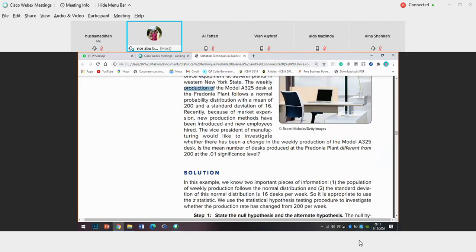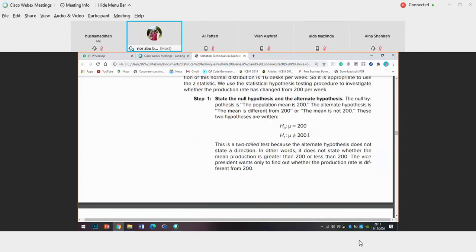But now they have changed the production method and they would like to know whether, okay, it is now different from 200. Okay, the production is different from 200. So you make a hypothesis here in which H0 mean is still 200 and H1 mean is not 200.